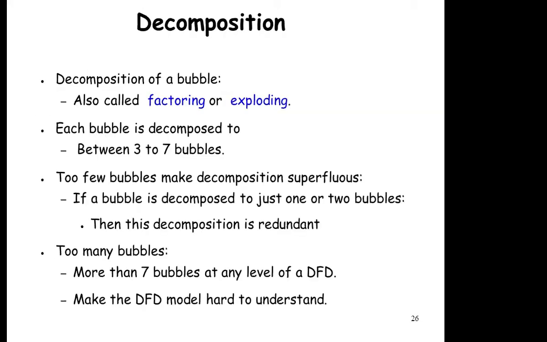So it is basically the decomposition. What we have already done is the top down decomposition, where a function is further divided into sub functions. This decomposition process is also known as factoring or exploding. I have already used this term earlier also, factoring or exploding.